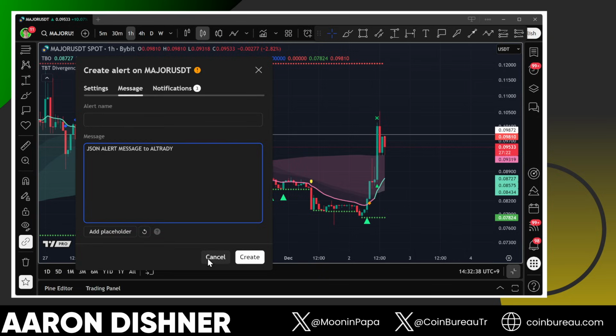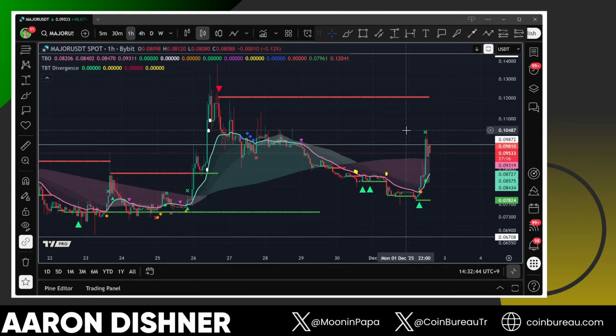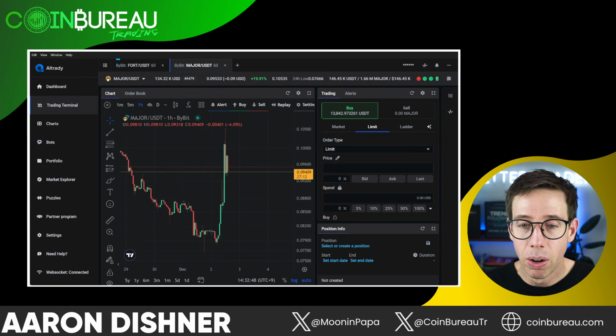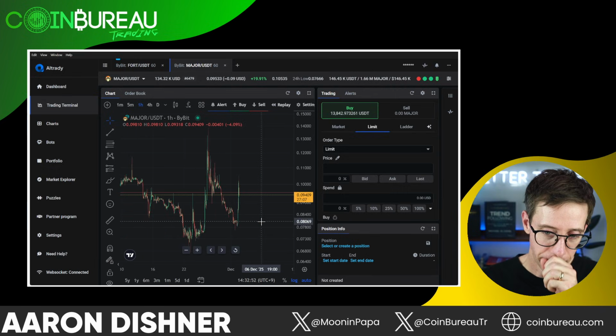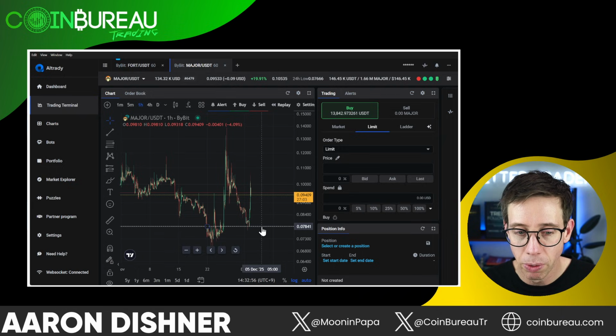So basically, I don't have to wait and look at the chart. I can actually automate everything, which makes this a lot easier. So let's go back over here and look at major on Altrady. So major has been whipping around a lot. The same thing applies to what I did over on TradingView, and I can actually do all this stuff over here.